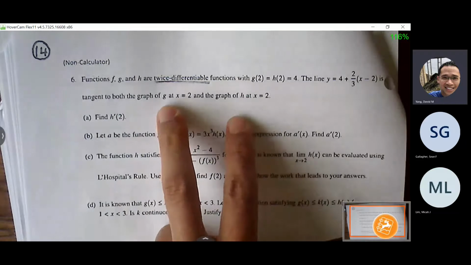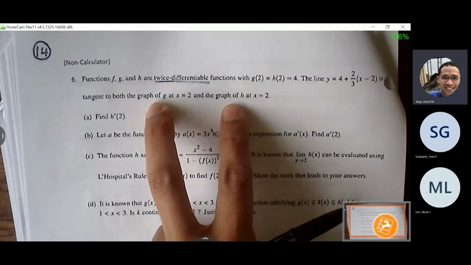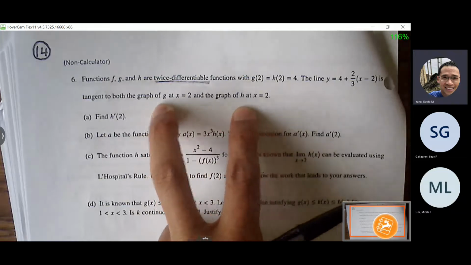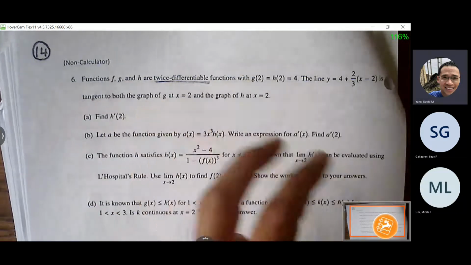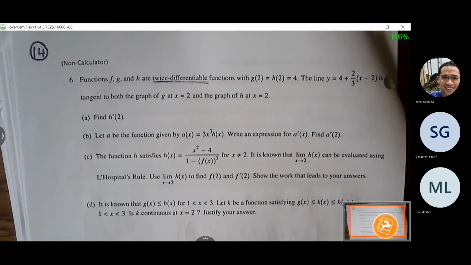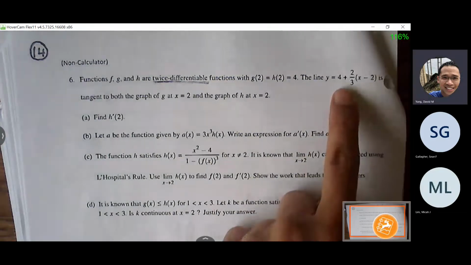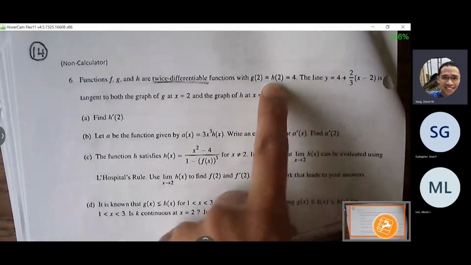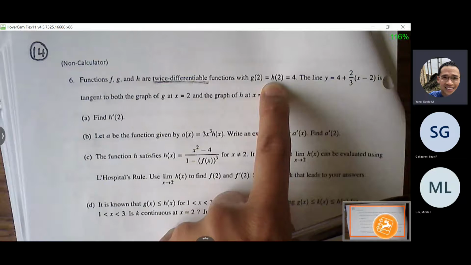So if 2 graphs are tangent, that means they must share the same slope, right? So if I can find the slope of this line, then I know what the slope of g and h is as well.